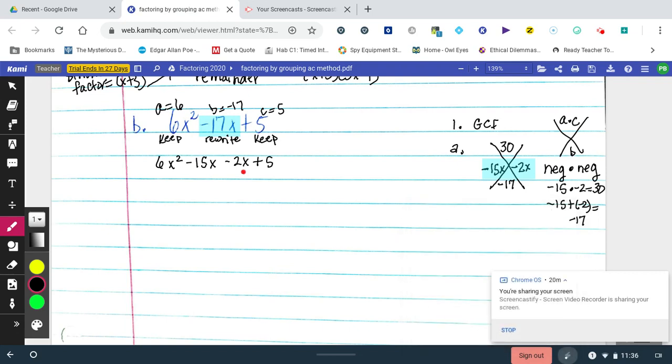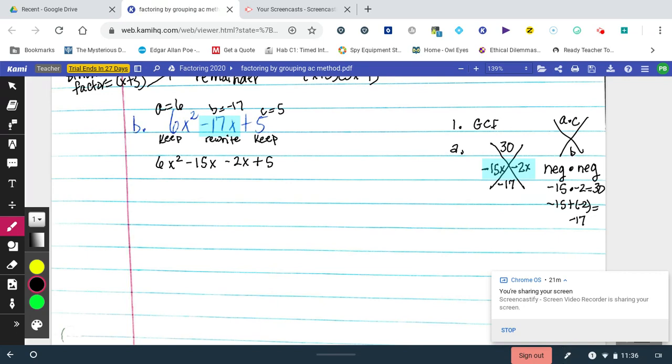If you look here, negative 2x and 5. Like the only thing they have in common would be a 1. And so I would have to use that. I'm going to work it this way, and then I'm going to go back and rework it, showing you that if you regroup these or reorder these and put negative 2x minus 15x, it will look better, okay? But I'm just going to work it the way it's written to show you that it doesn't matter.